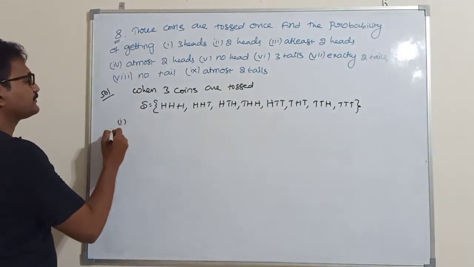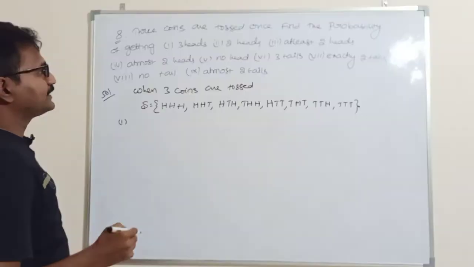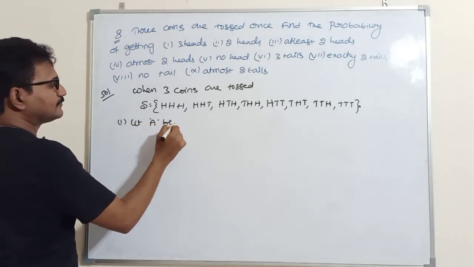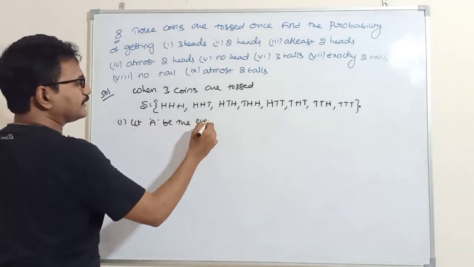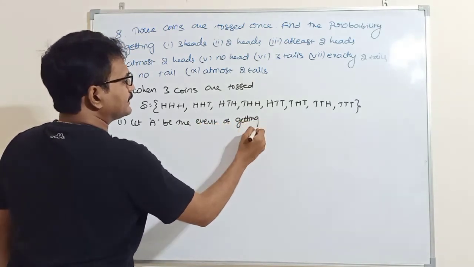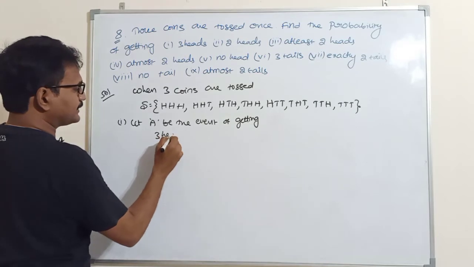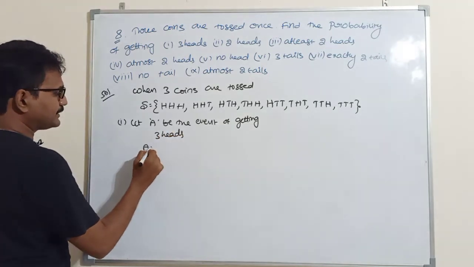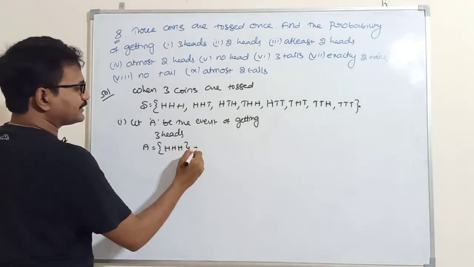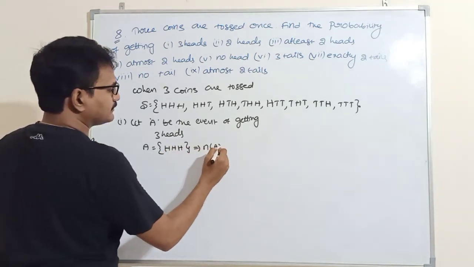What is the first question? Getting 3 heads. Let A be the event of getting 3 heads. So what is A? Triple H. Number of sample points is 1.